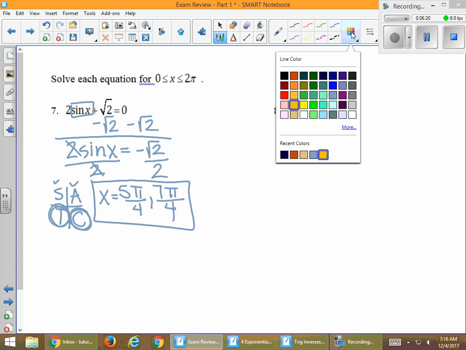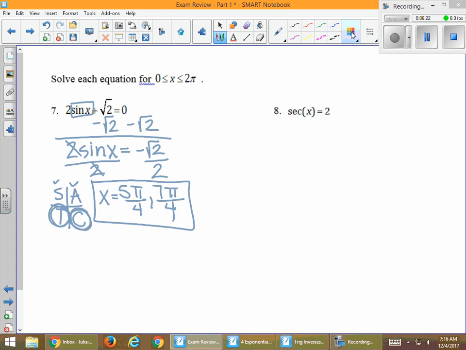For number 8, we're looking for where secant is 2, and secant kind of hurts my head, so I'm going to flip that fraction. Secant's 2 over 1, where cosine is 1/2. It's much easier for me to work with cosine. So cosine is 1/2 at thirds.